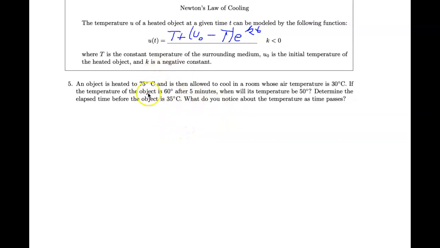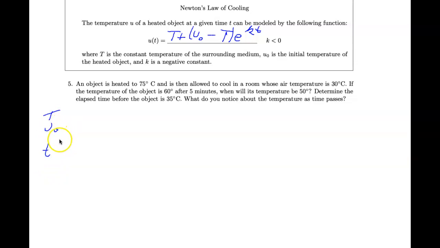So let's get started and see what information we have, because we have our T, our U naught, and our time that we can play with.